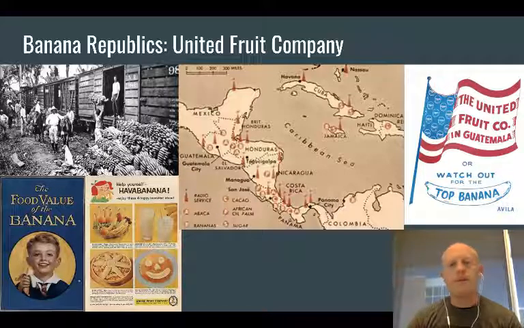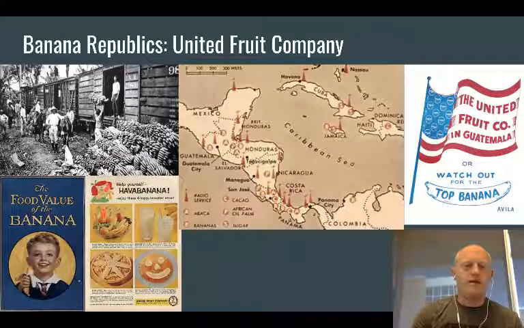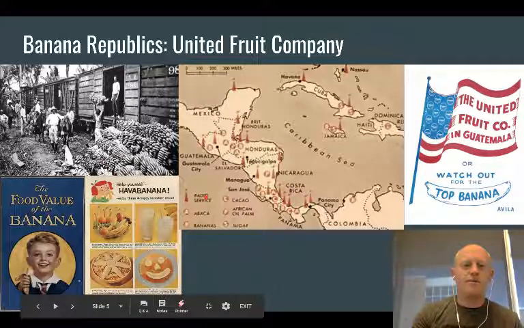Also, United Fruit launched a major ad campaign in the United States to sell bananas. Prior to the early 1900s, bananas weren't really that readily available in a lot of places in the United States. United Fruit wanted to educate people about the food value, the health benefits of eating bananas, give them ideas about recipes for breakfast, for example.